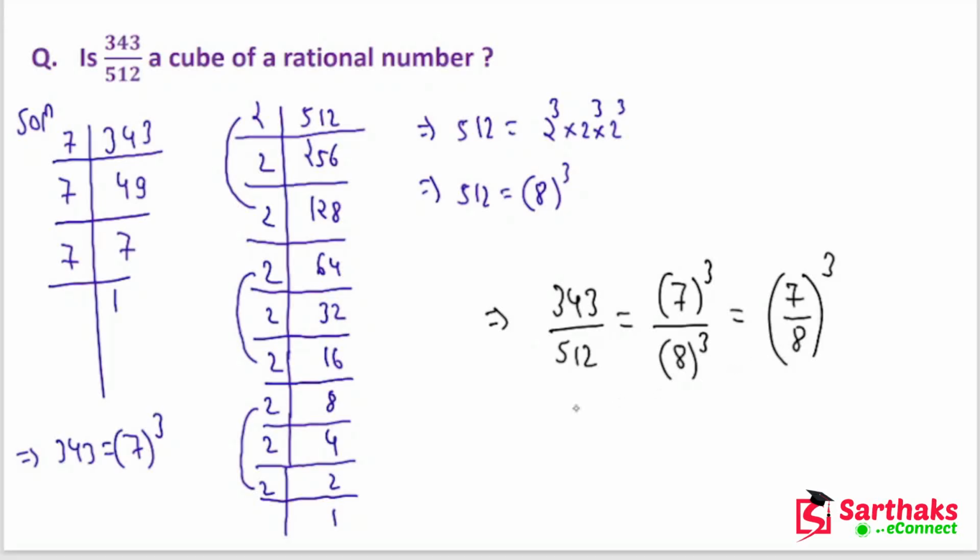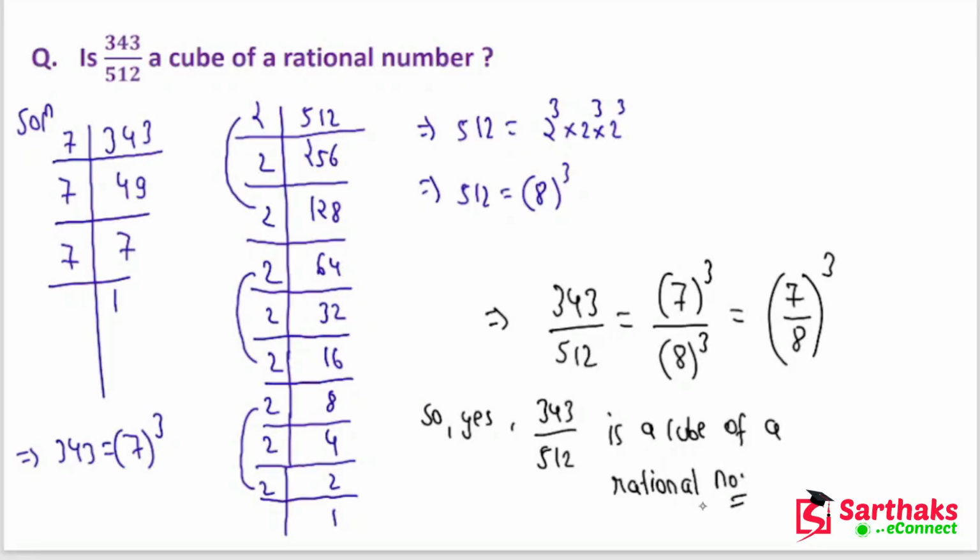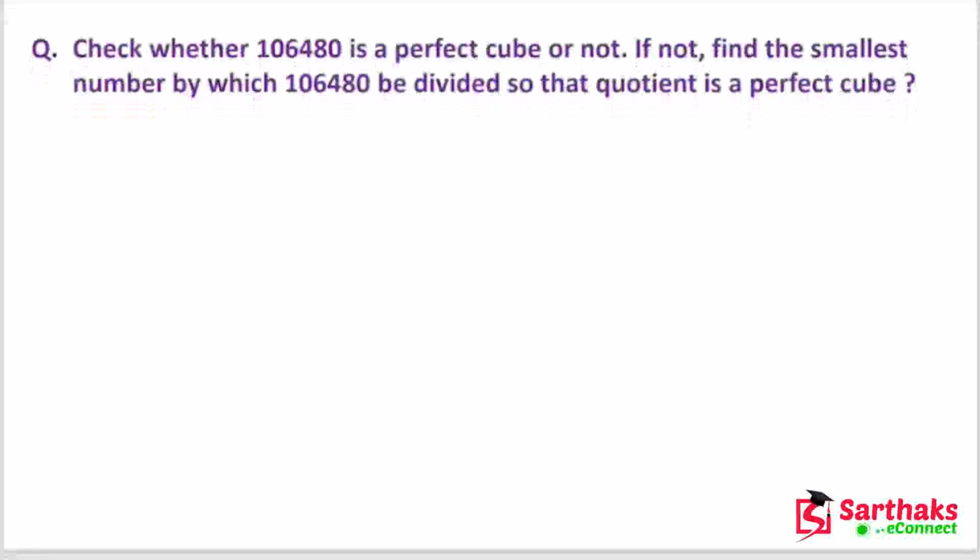So 7 by 8 is a rational number, so yes, 343 upon 512 is a cube of a rational number. So I hope you all got my point. Now let us see the next question.